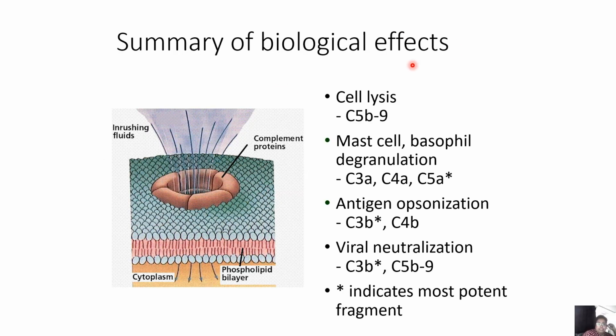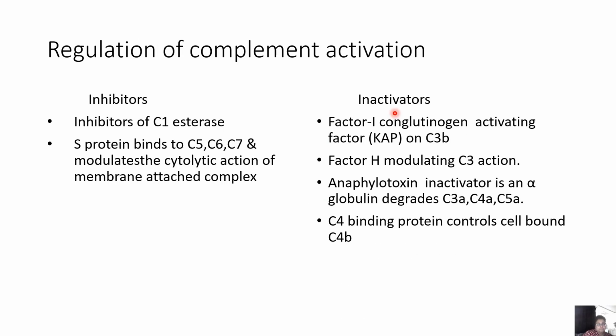Okay. So these complement proteins are responsible for these functions. Like cell lysis, we have C5b9; mast cell and basophil degranulation, we have C3a, C4a, C5a; antigen opsonization, C3b, C4b, all of these.